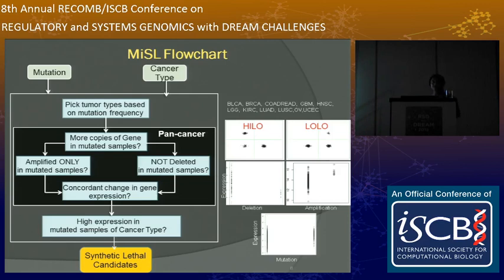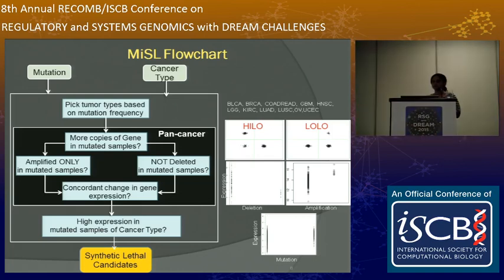So when I first implemented the pipeline, my first obvious thing was to make sure that we are getting a reasonable number of candidates for all of the recurrent mutations in the various tumors. If you have too little, that's not good, and if you have too many, that's again not informative. We were getting somewhere between 10 and 100 candidates, depending on the frequency of the mutation.